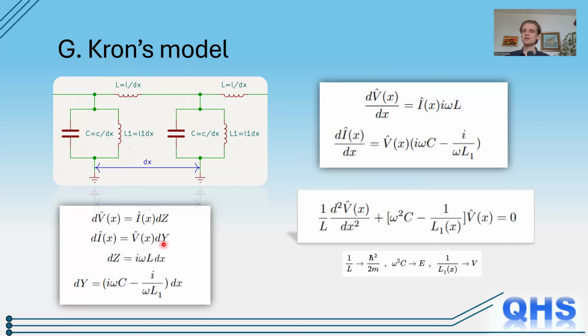For every dx, impedance changes by i omega L, with big L, which we define as little l divided by dx. And big L is given in Henrys per meter, of course, as we define.